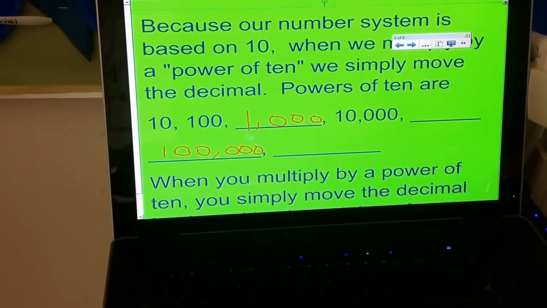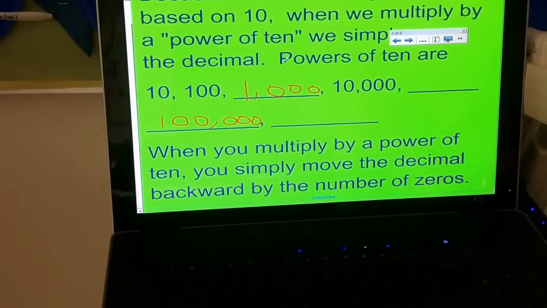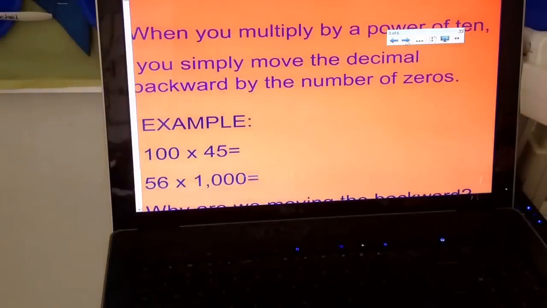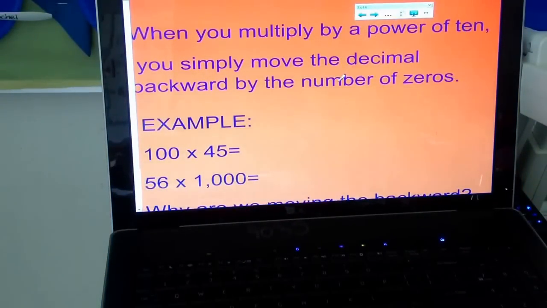When you multiply by a power of 10, we are simply going to move the decimal backward the exact same number of zeros that the number displays. We'll look at some examples. So again, when we're multiplying, we're moving the decimal backward. If I have 100 times 45, I have 2 zeros in my power of 10, so I know my decimal needs to be moved backwards 2 places. 45 starts off like this.